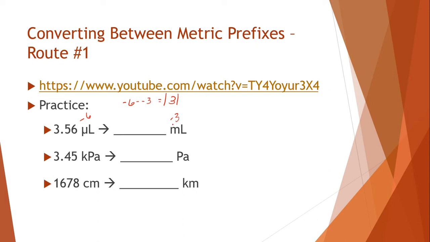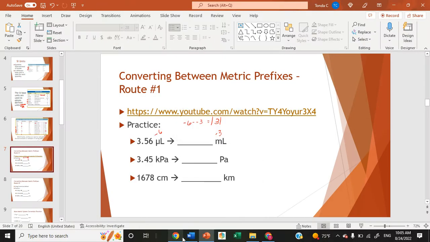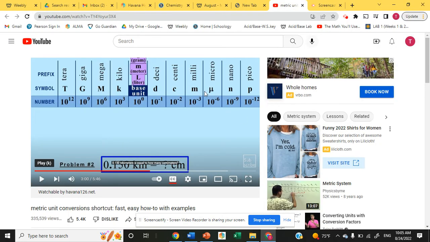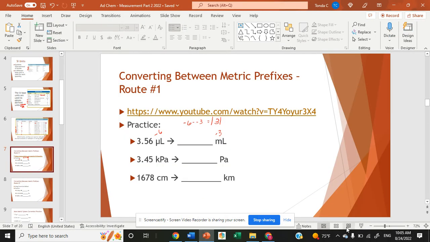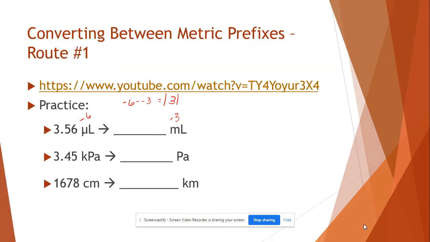So what I mean by looking at the chart is, let me just go ahead and go to it. We have micro right here. In order to get over here to milli, I have to move to the left. And so I'm going to move to the left 3 times. So if I move this decimal to the left 3 times, my answer is going to be 0.00356.